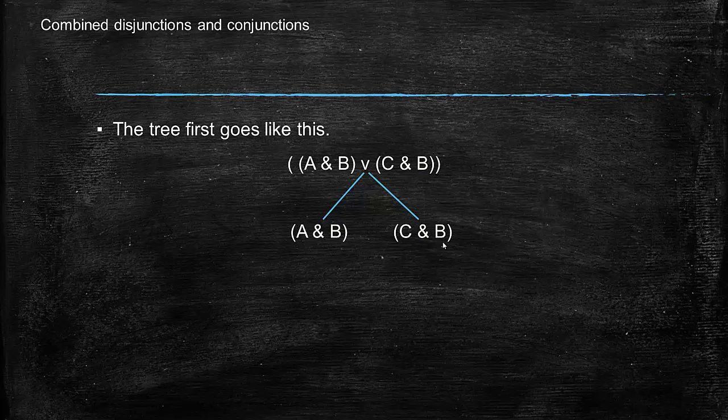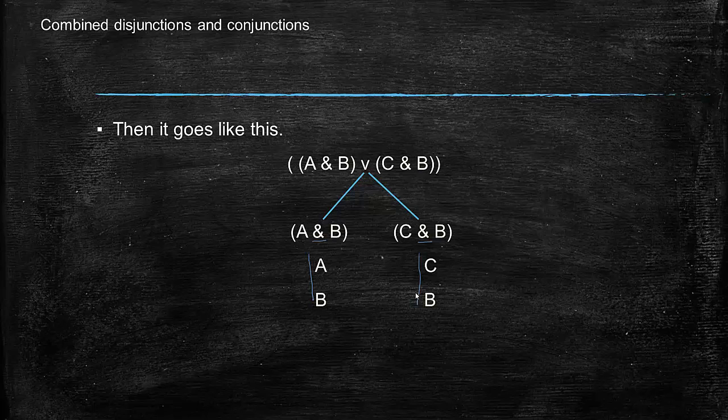Then we can also work on A and B and C and B. They are going to decompose into A, B, C, B, because we've got a conjunction here, and we've already learned with the conjunction we get this relationship, although we don't draw that line.